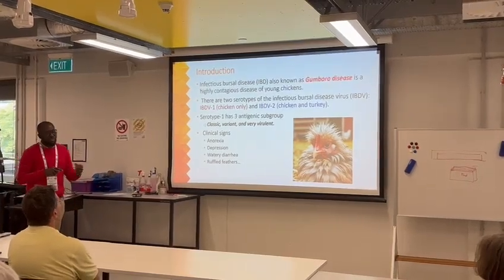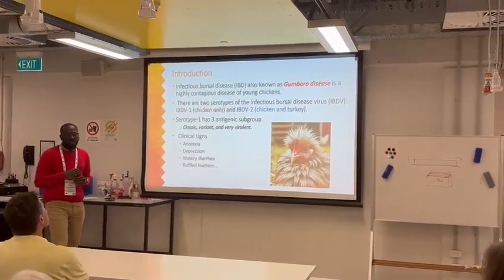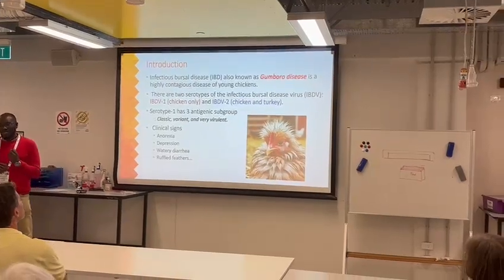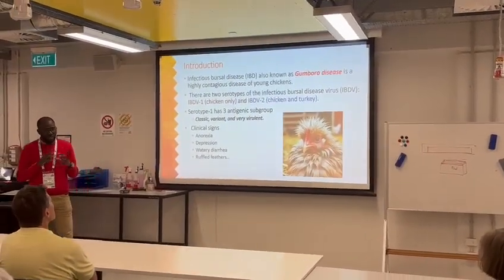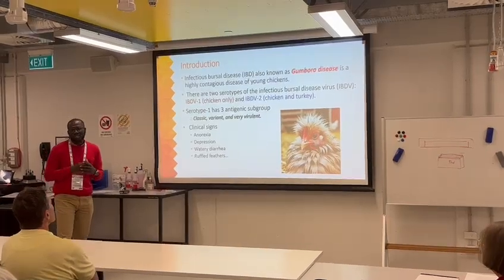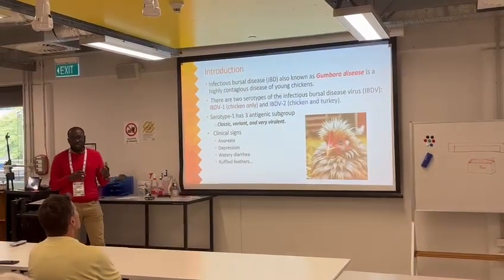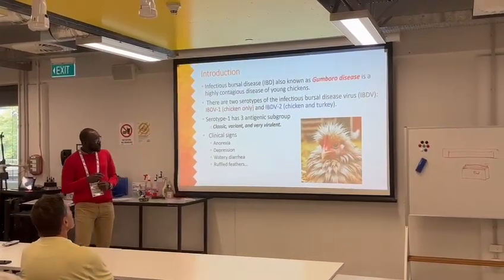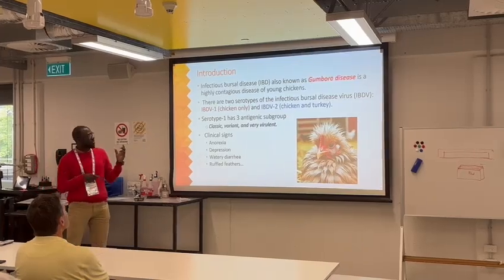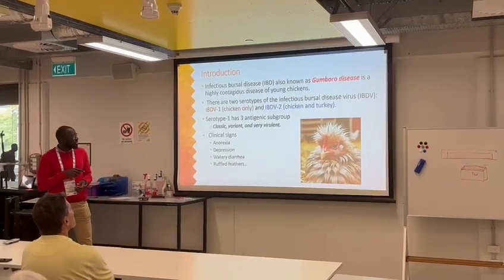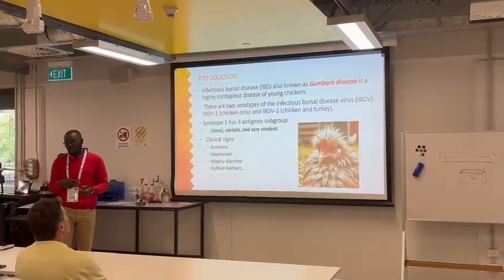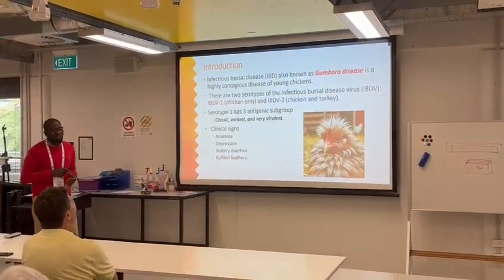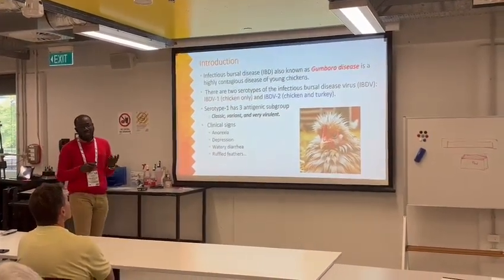In terms of the serotypes, there are two: serotype 1 and serotype 2. Serotype 1 is only in chicken, while serotype 2 is found both in chicken and in turkey. But in terms of the mortality rate, IBD serotype 1 is the one that is of concern to the world.